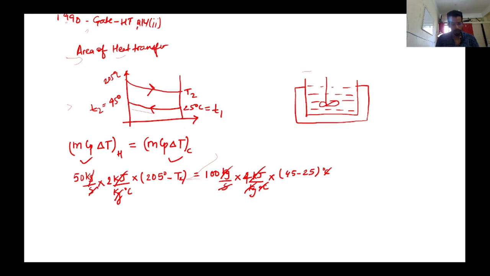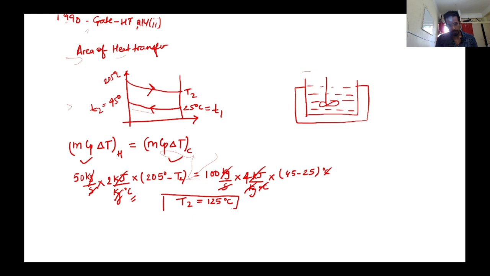We have to find the temperature, so only degree C will remain. So T2 will be 125 degrees Celsius. So this is T2.